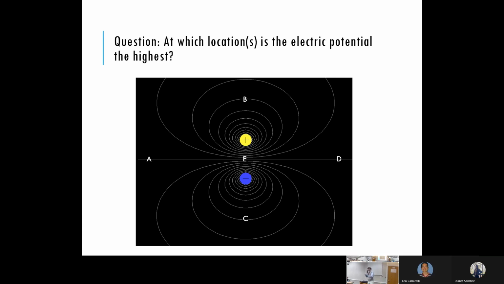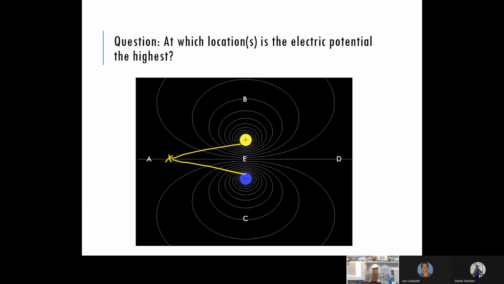Very important, halfway. In other words, if I choose any location on that line, say right here, I am the same distance away from the positive charge as I am from the negative charge.